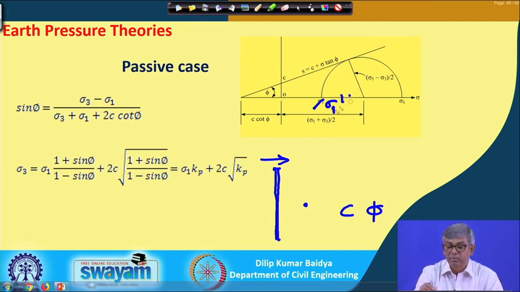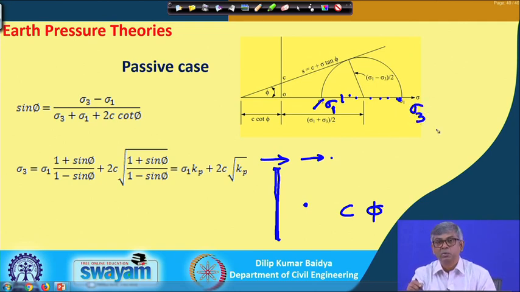As the wall moves in this direction, this value will slowly increase and finally reach a maximum value before failure. Suppose this is sigma 3, which is unknown, though magnitude-wise sigma 1 is larger. Initially sigma 1 as applied is there, and then with the movement of the wall, the pressure increases and becomes sigma 3, and that sigma 3 is nothing but sigma passive.